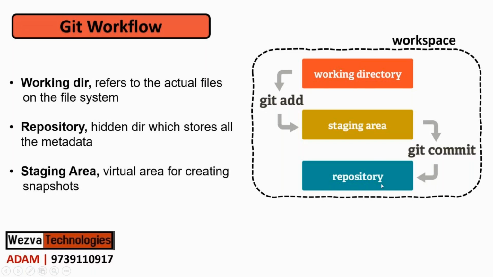Okay, now once you do a commit or a check-in, it creates that transaction or the metadata, or technically what we call the version, only in your local repository. Okay, so now you decide at what time you want to share it with others. What do you mean by others?